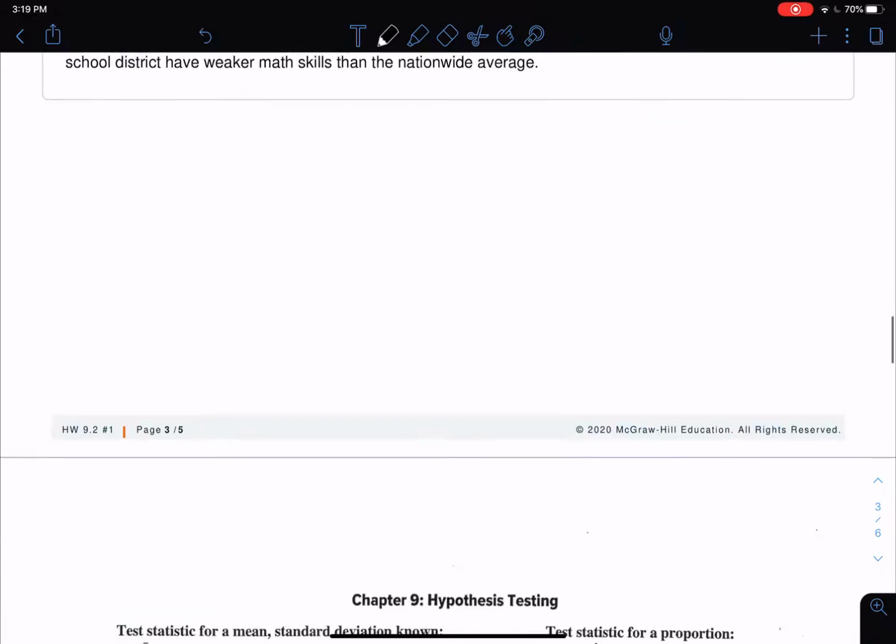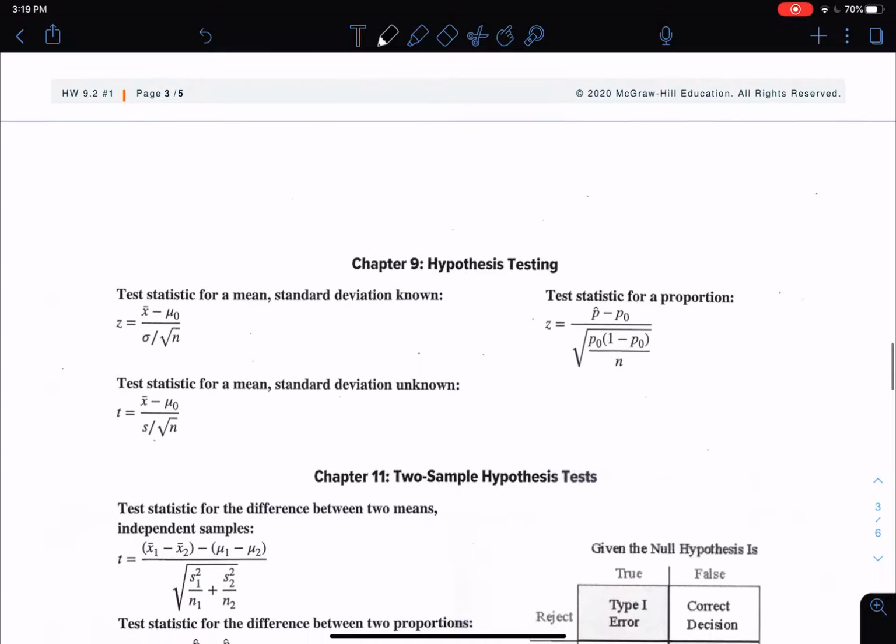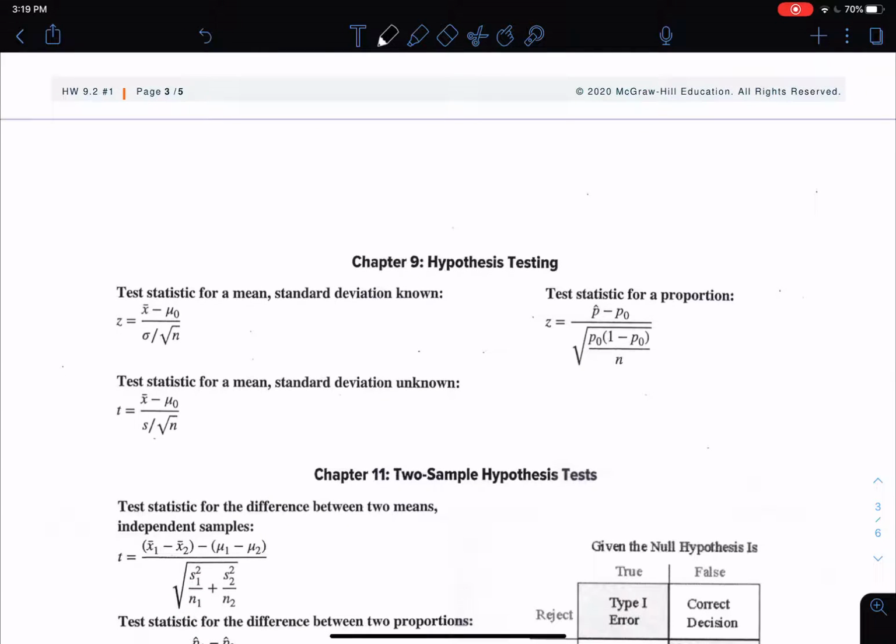One of the differences between 9.2 and 9.3 is that in 9.2 we're looking for statistics for the mean where standard deviation is known. And then 9.3 is where standard deviation is unknown, and that requires us to use the sample standard deviation instead of the population, right?